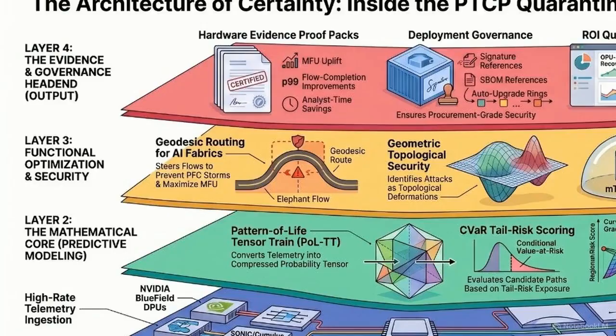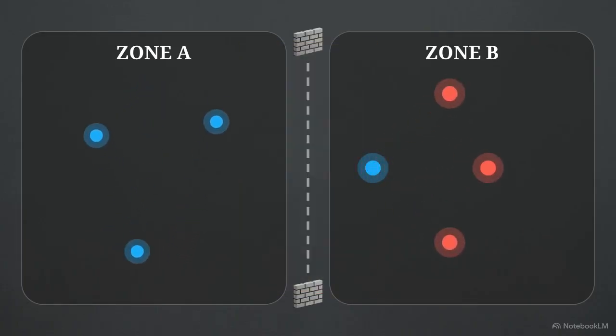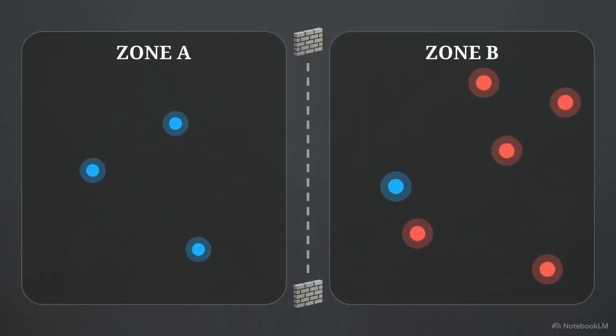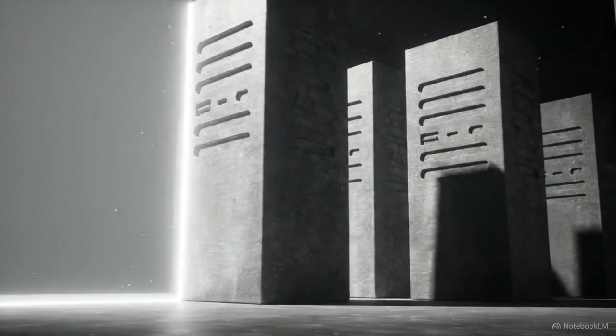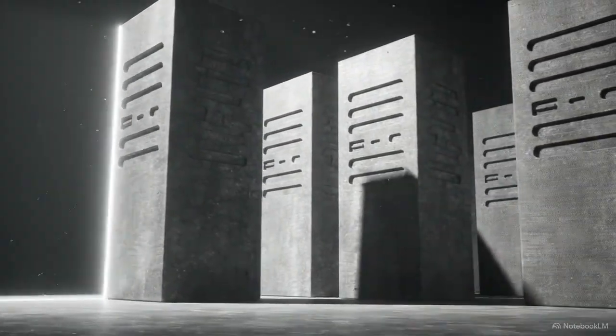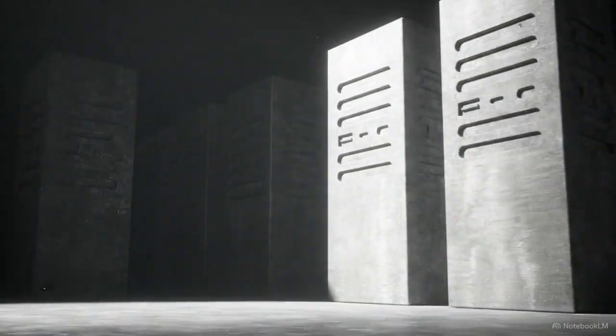That calculation feeds directly into Layer 3, where mathematical detection is translated into functional security optimization. Traditional microsegmentation relies on static, predefined security zones, but real-world compromises move dynamically, constantly crossing those rigid boundaries. As a result, standard automated response often requires quarantining an entire subnet to stop a lateral threat, a blunt action causing production outages.